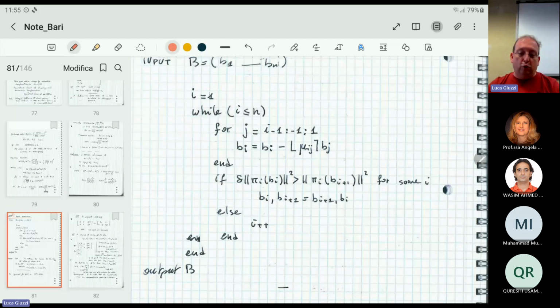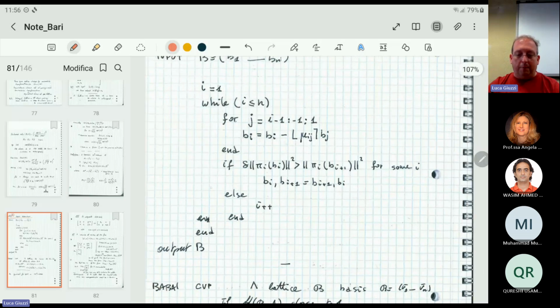But this is not the full projection, just the projection where we take the integer closest to the Fourier coefficient of a vector over the other vectors. So we have to be a bit careful about this.